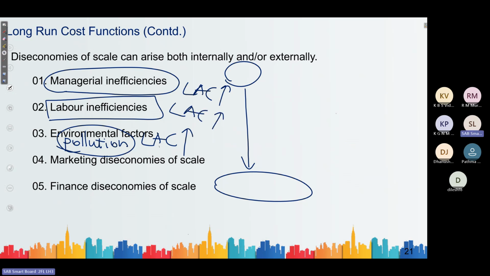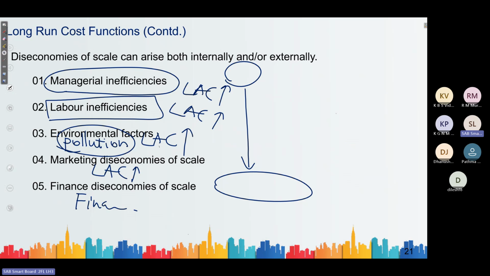Marketing diseconomies of scale, yes. When the scale is excessively large, there may be delays in distribution. So delays in distribution will create excessive extra costs. When bearing extra costs due to delays in distribution, long-run average cost will rise. Financial diseconomies of scale, yes. When the firm is excessively large, finance managers will not be able to properly manage their portfolio.